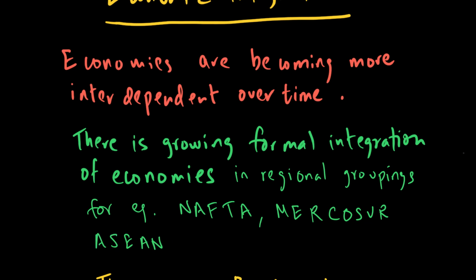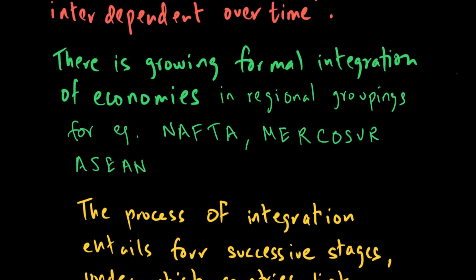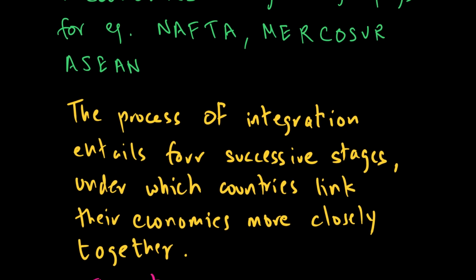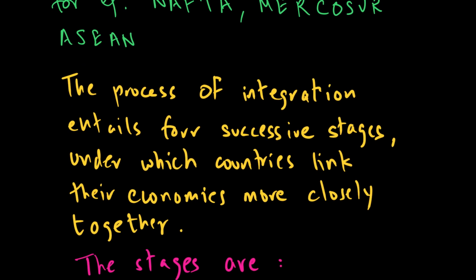So this process of integration is helping countries become reliant on each other in terms of trade. But what is also becoming true is that a lot of countries which are not part of these trading agreements or economic integration are losing out.